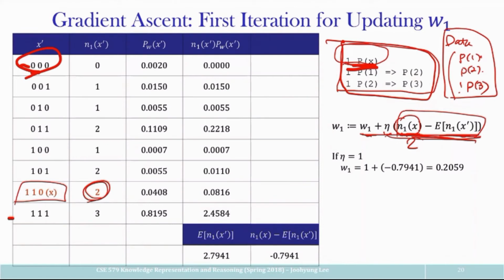How do you do that? Well, e to the power of the sum of the weights that are true, divided by the normalization factor. So I'm going to skip that part, but this is actually the value that I compute.